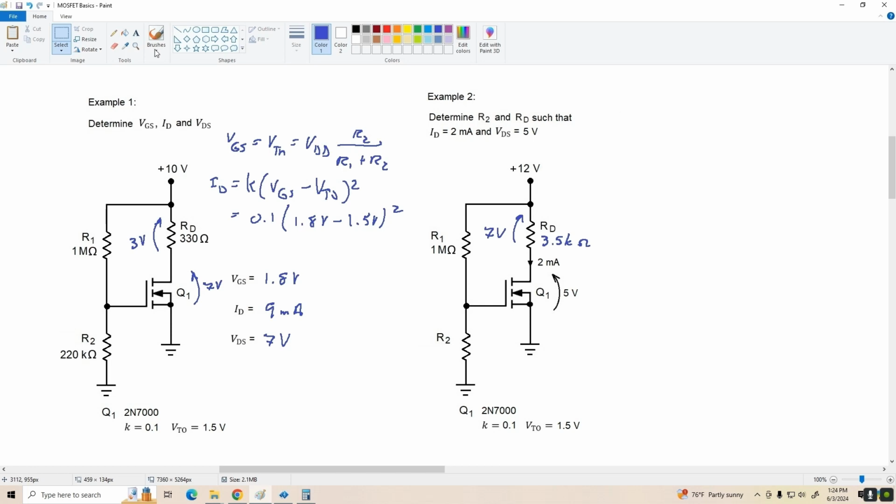So we know ID equals K times (VGS minus VTO) squared, and we're going to have to solve this for VGS.